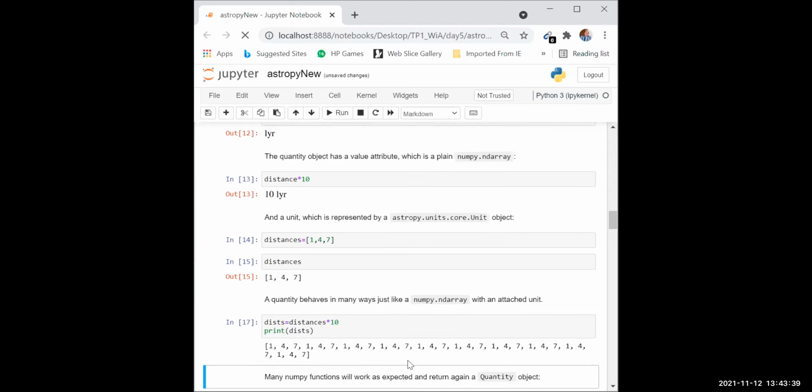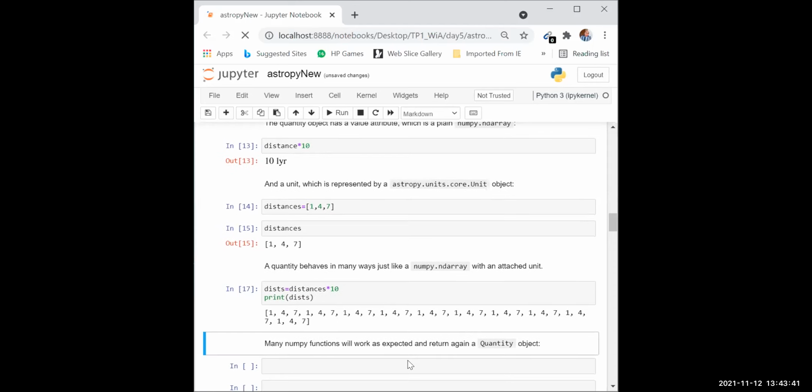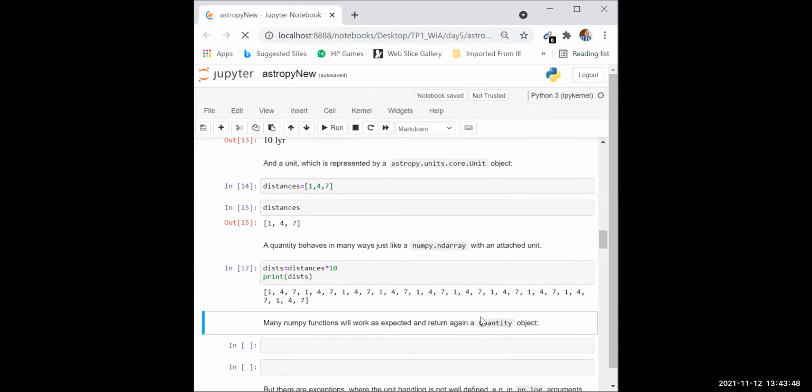Distances, and you will see that it is creating this kind of a list. Yeah, you have seen how list gets replicated, isn't it?